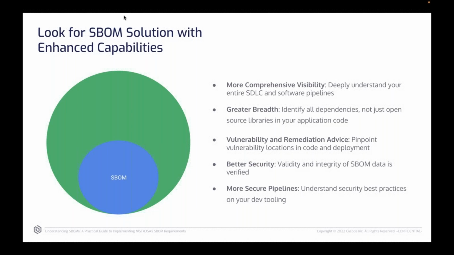You can pinpoint the locations within your code and your deployment environments on where these vulnerabilities are happening. The SBOM itself needs better security so that it's not been tampered with and changed by somebody who's looking to do harm. And then finally, an SBOM that can understand and improve that your pipeline is secured, I think is something that would provide a huge advantage.